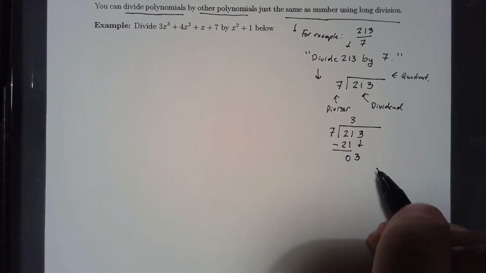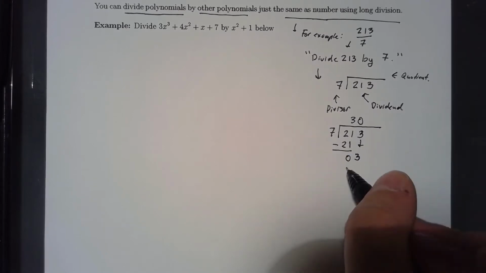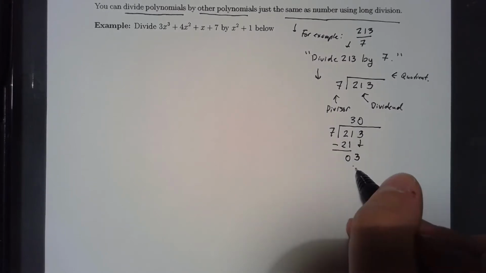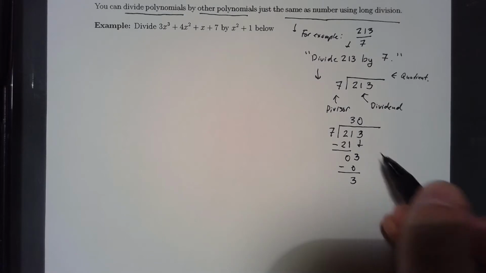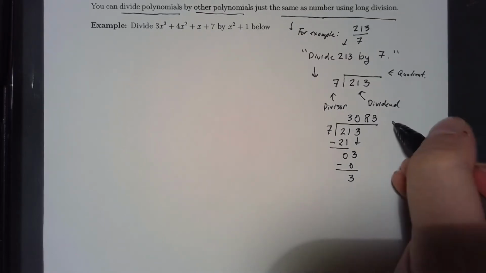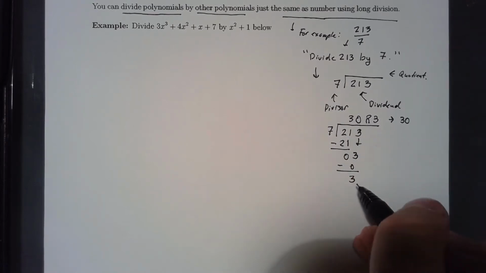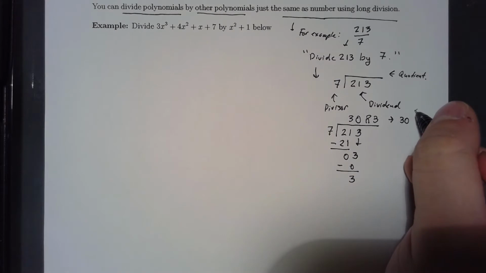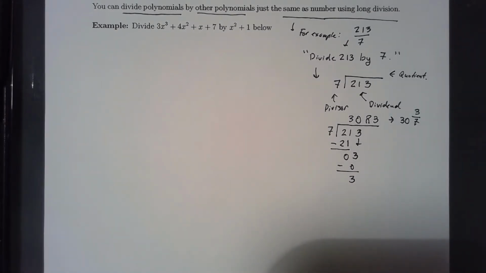7 goes into 3 how many times? 0 times, so put that in the quotient. 0 times the divisor is 0 times 7 is 0. 3 minus 0 is 3. I have nothing left to come down, so this is the remainder, which means my quotient is 30 with a remainder over my divisor, which is 3 over 7, so 30 and 3 sevenths.